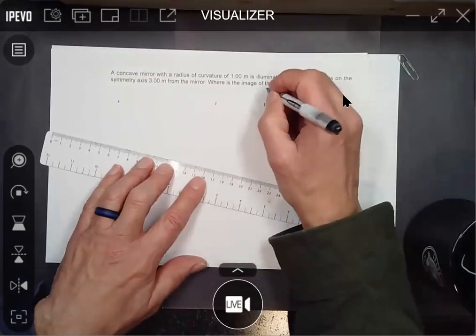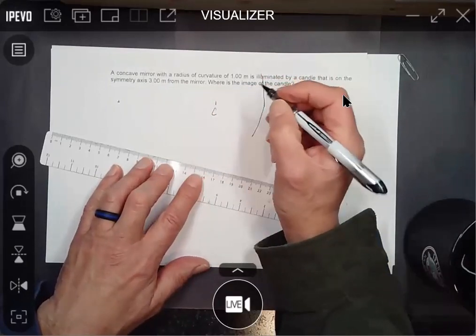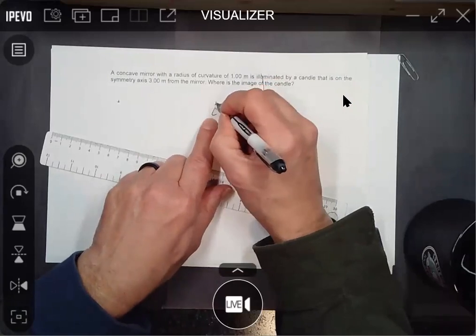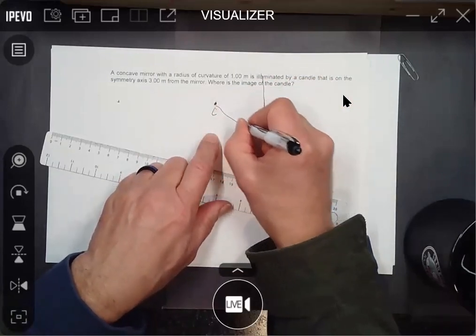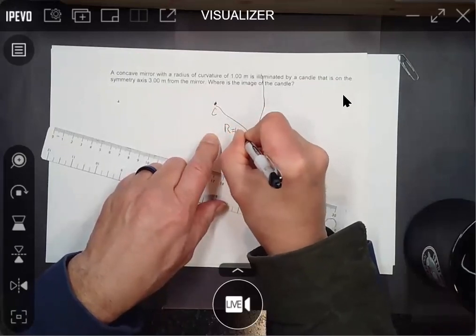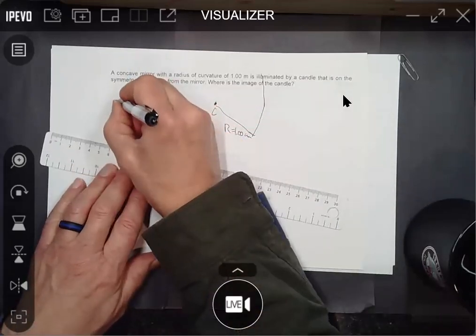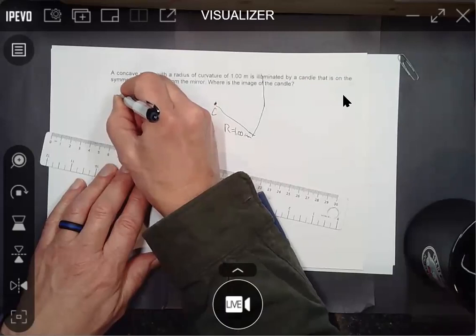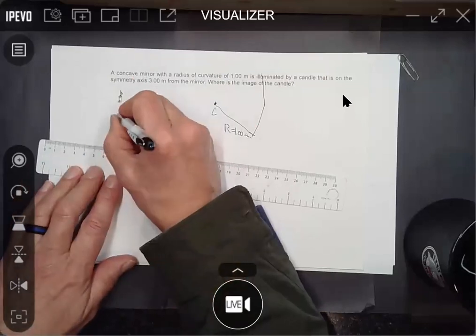And then we've got this mirror here. And here's the center of its curvature. And here's R, which is 1.00 meters. And then out here is our candle, a little flame on the thing. Okay, and that's our object.